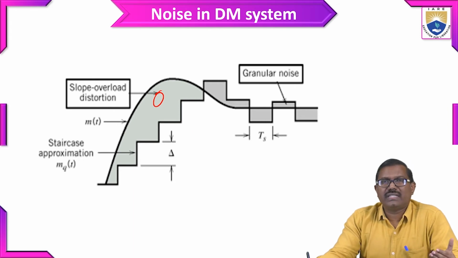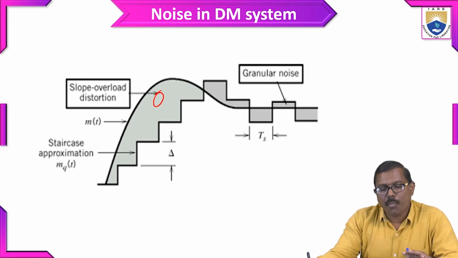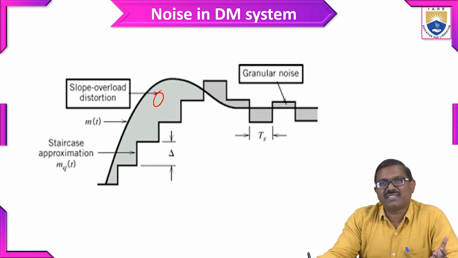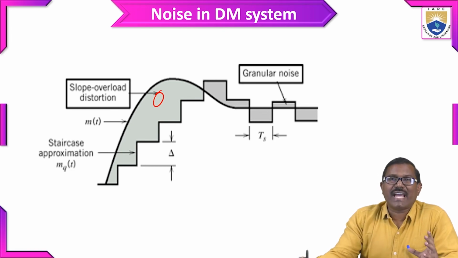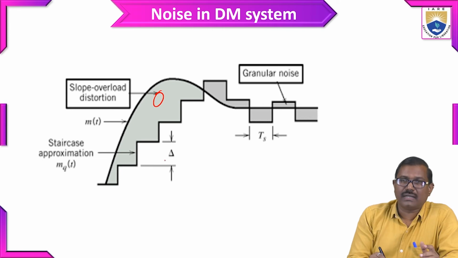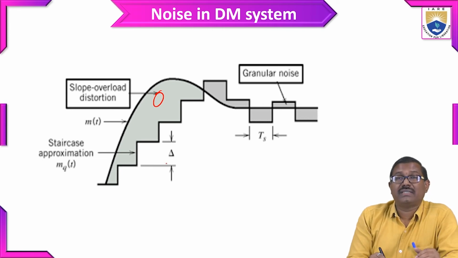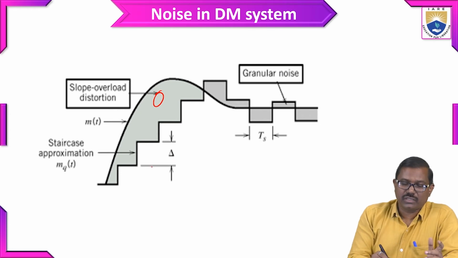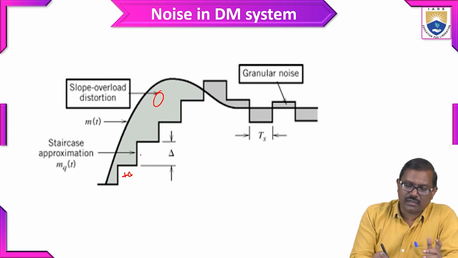That's why the gap between this approximation and the message signal we call slope overload distortion. Here my quantizer is trying to increase the step size, so it is trying plus delta.